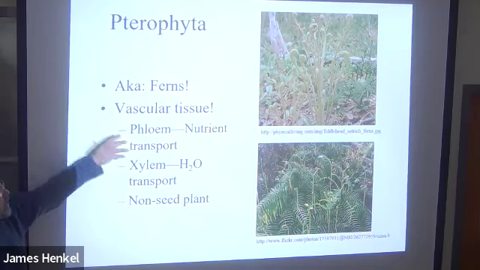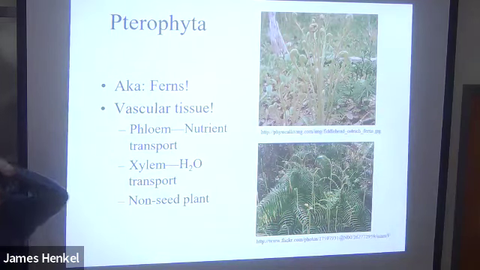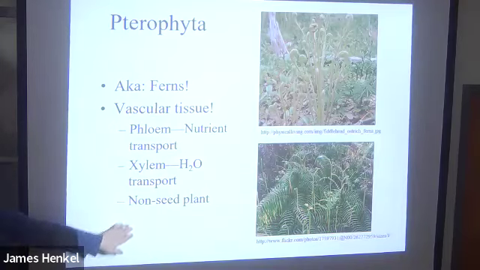But we have that transport, so we can have that growth. Now, the one difference between that and trees and bushes and things like that is we don't have seeds yet, we still have spores. So this is vascular plant, non-seed bearing. Okay. Now, I love ferns, they're really fun.